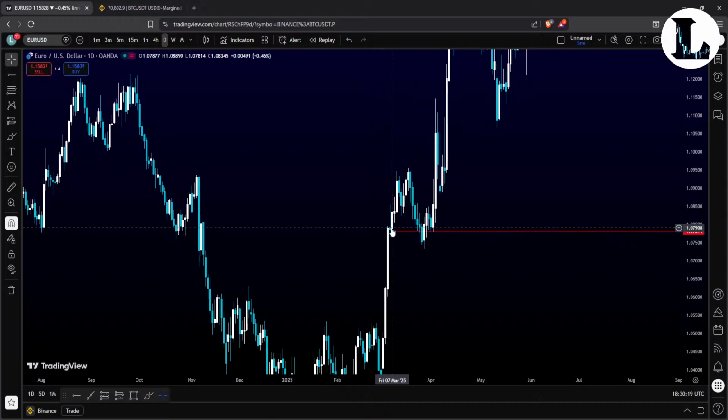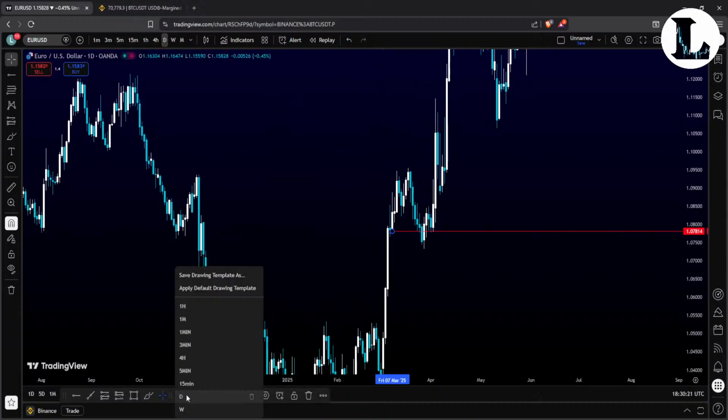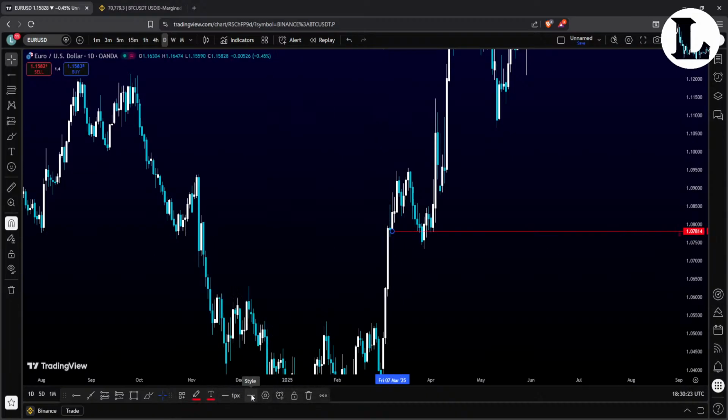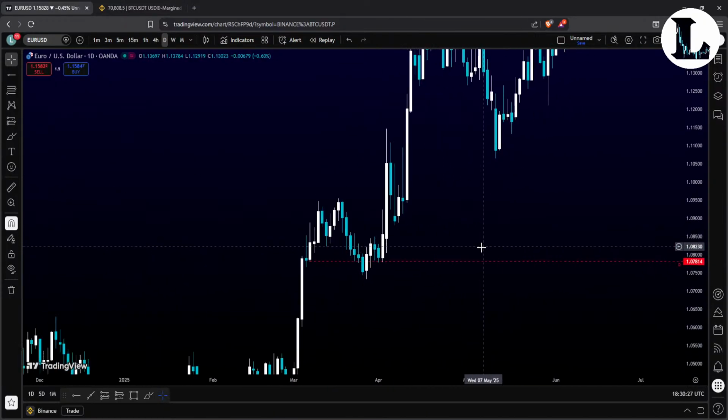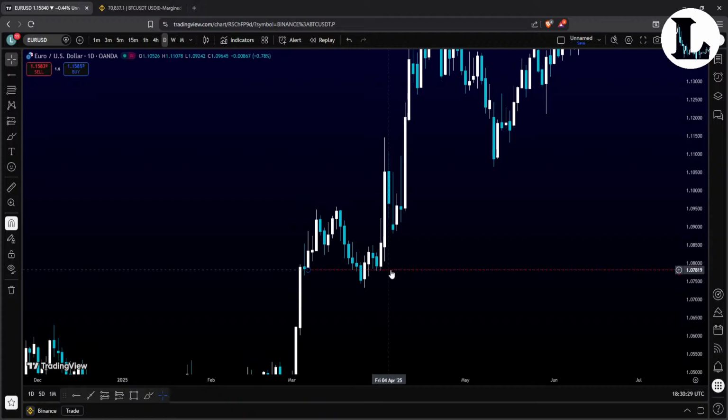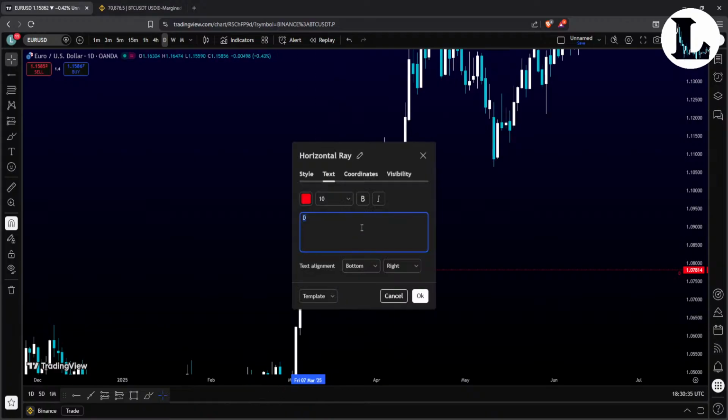Let me just mark this, daily and dashed. Break level. You can see this is already a big polarity level. Big liquidity level, my boys. And I'm going to mark that liquidity level.